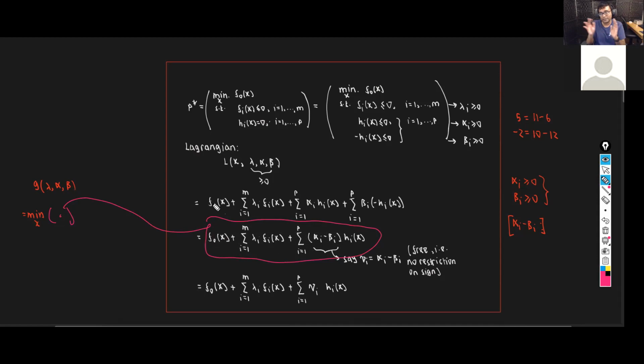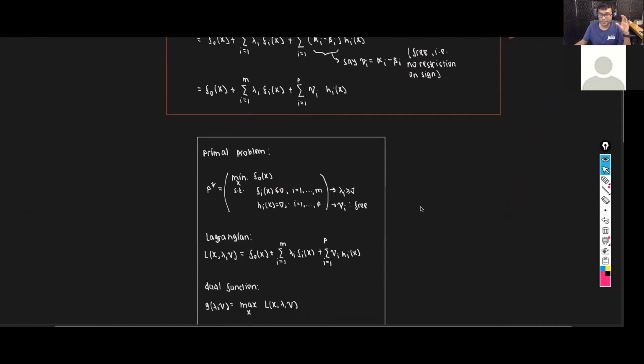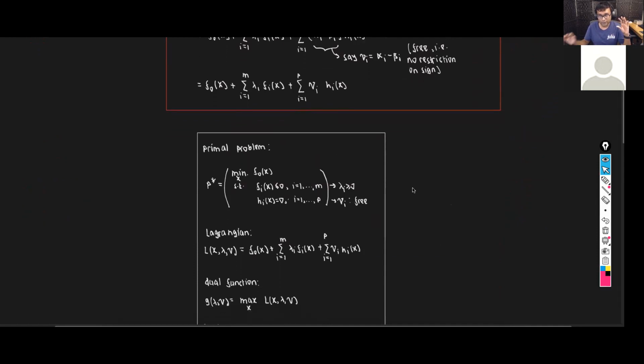So I can just replace them with a new variable, nu, which will be free. It would not have any sign of its own. So this I could define as the new Lagrangian. Okay, so that gives us the way of dealing with equality constraints without rewriting them as two inequality constraints and so on.